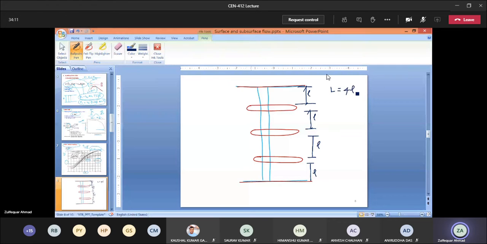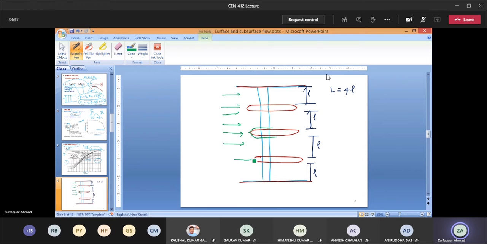Now, what happens once you have the flow? Once the flow approaches the pier and the abutment, there is a small flow separation like this, right?